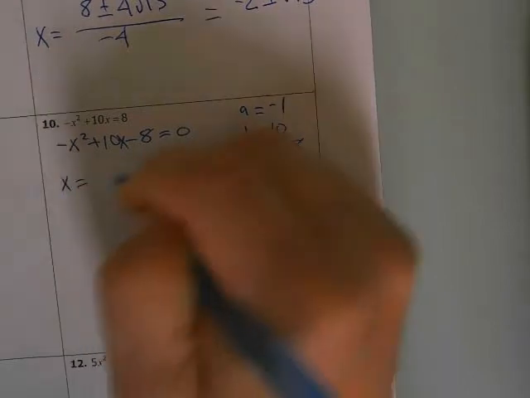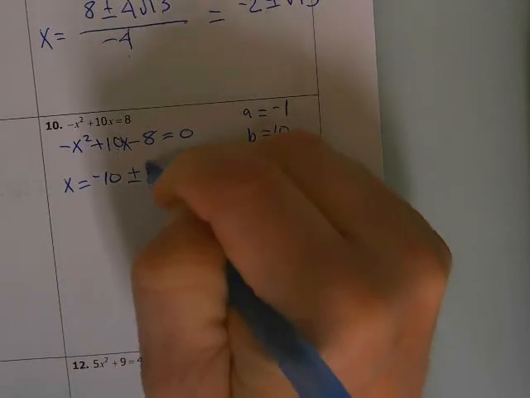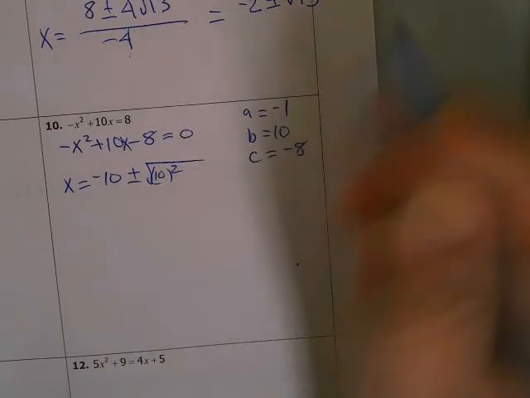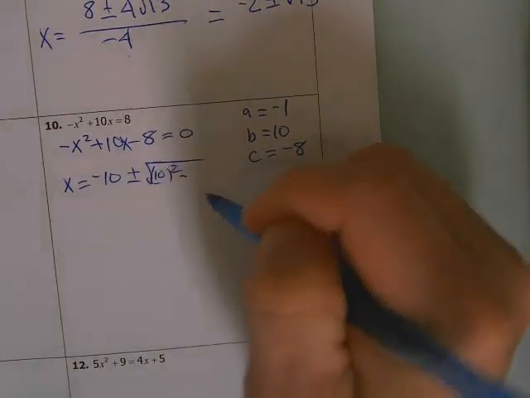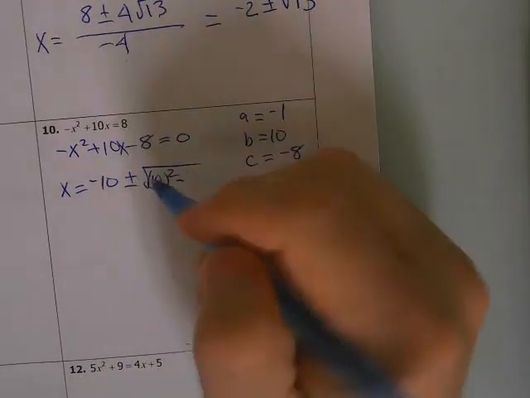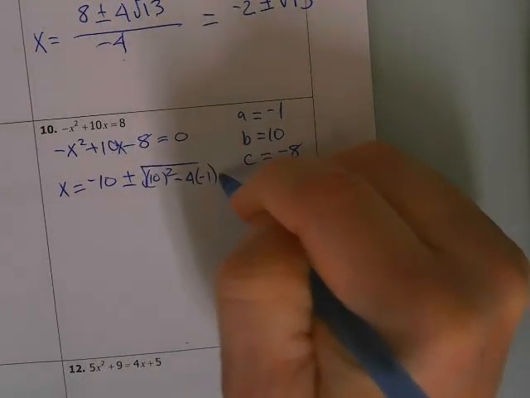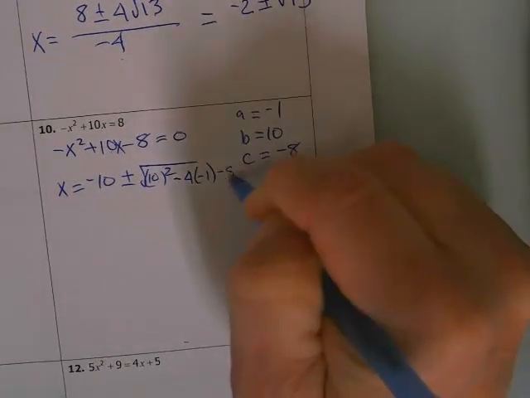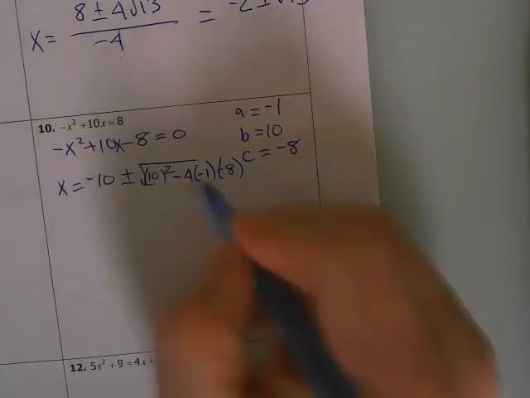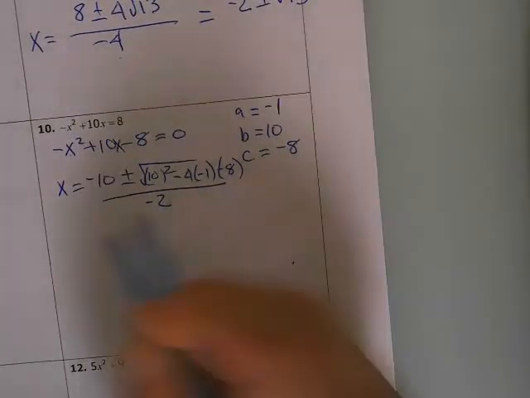So x is equal to negative 10 plus or minus the square root of 10 squared, which is 100, minus 4 times negative 1 times negative 8, which is 32. So that's all over 2 times negative 1 or negative 2.